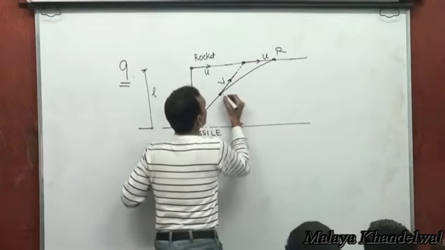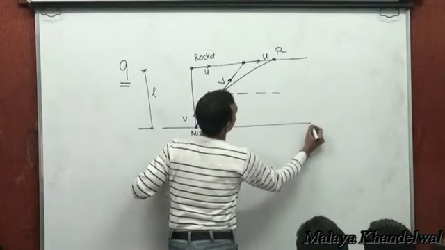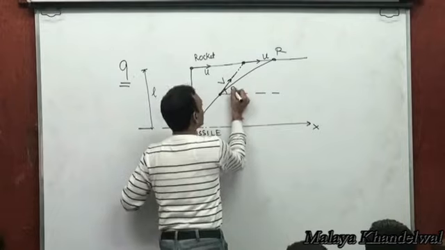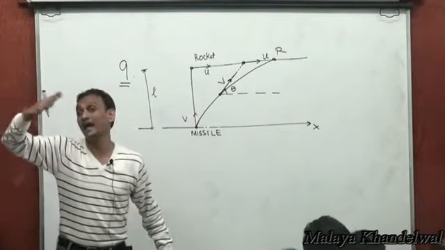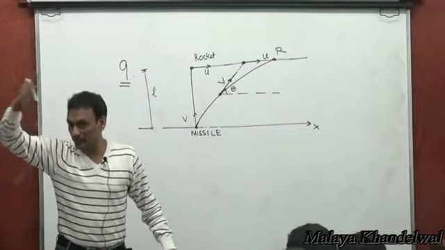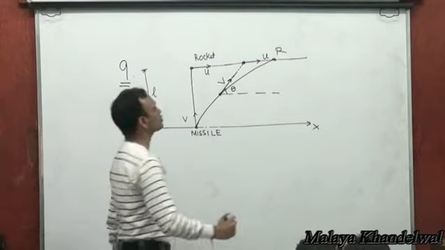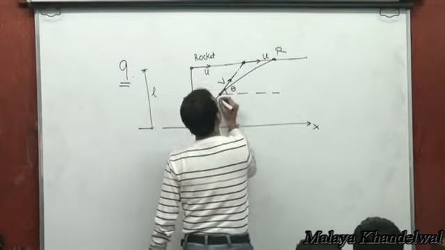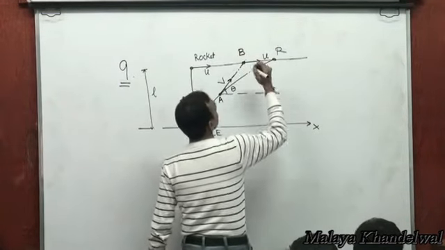Now, this is an intermediate velocity. It makes an angle theta with the horizontal. Theta continuously changes. Tan theta is the slope of the trajectory, it continuously changes. It's a variable theta situation. A is the position of the missile at this instant, B is the position of the rocket.